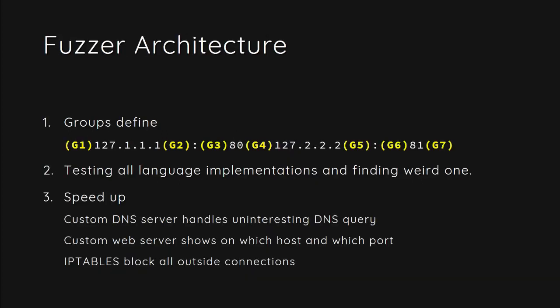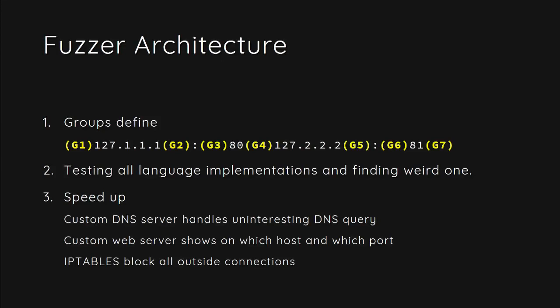I think there may be lots of bugs in URL parsers, so I designed a fuzzer to find these problems. The idea is simple. We create several groups in a URL and fill them with random bytes.